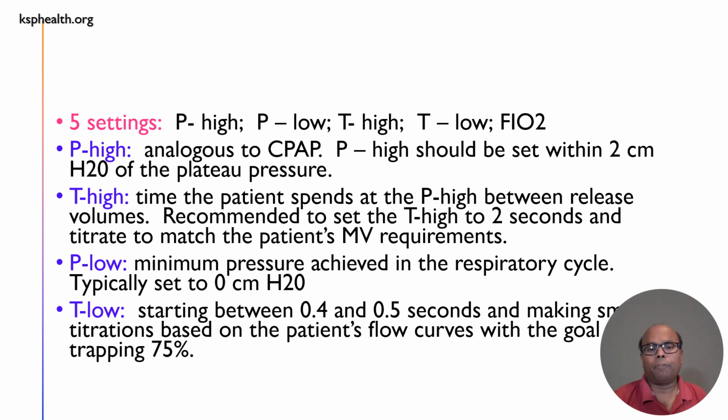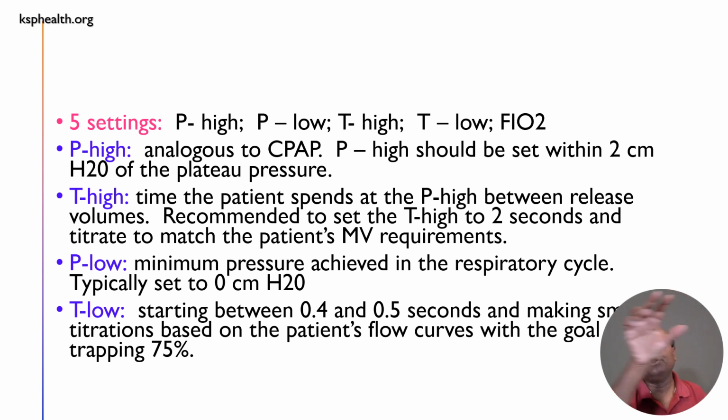As we discussed, there are 5 settings, excluding FiO2, 4 settings: P high, T high, P low, T low. P high, analogous to CPAP, is the high pressure, set at the plateau pressure. Most of the time, we initiate volume control with pressure support. When hypoxemia becomes a major issue, we switch.